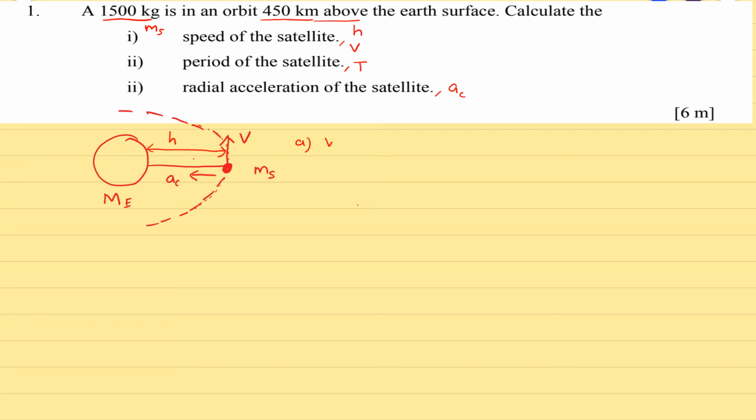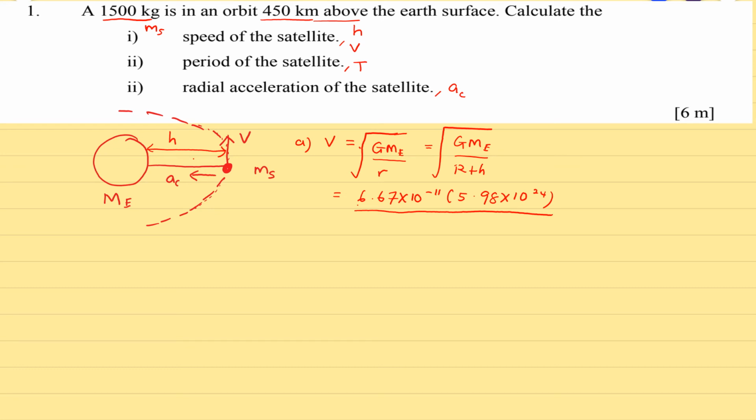For speed, we must use the formula V satellite equals square root of G m Earth divided by R, so G m Earth divided by r plus h, square root. 6.67 times 10 to the power of negative 11 times 5.98 times 10 to the power of 24, divided by r Earth, 6.4 times 10 to the power of 6 plus 4.5 times 10 to the power of 5, square root.